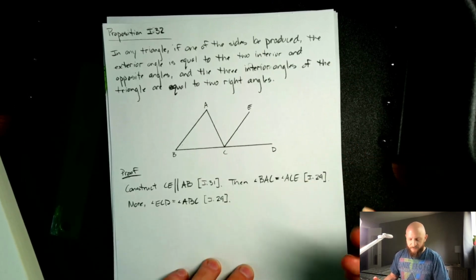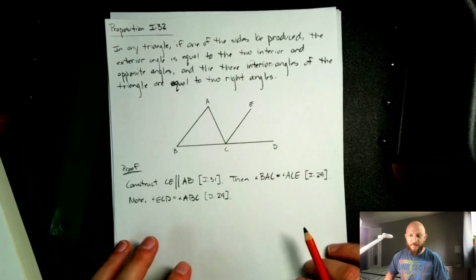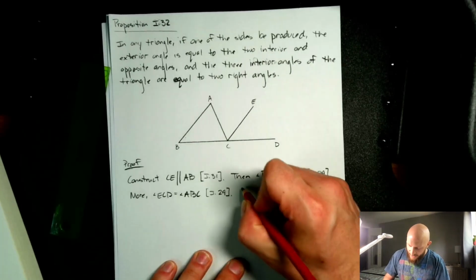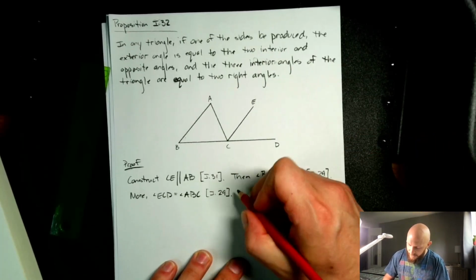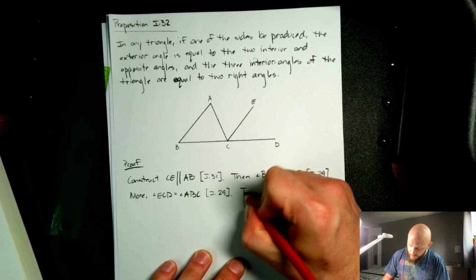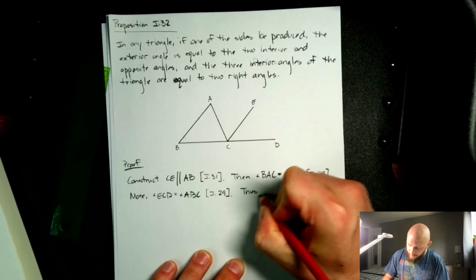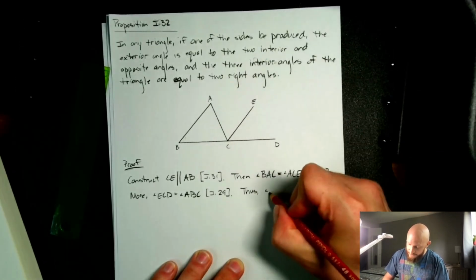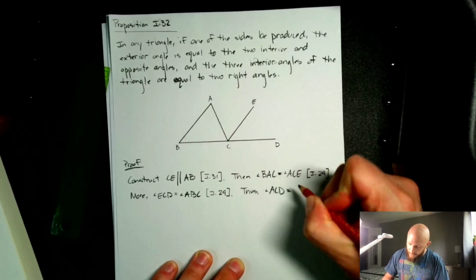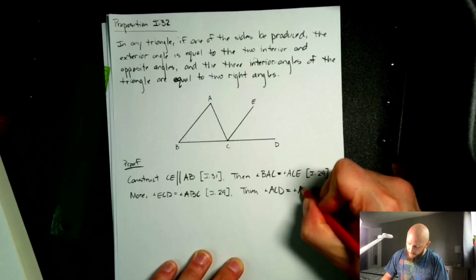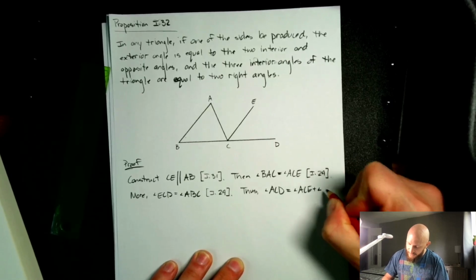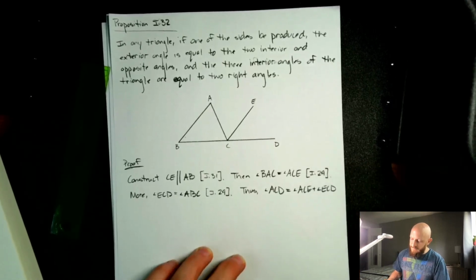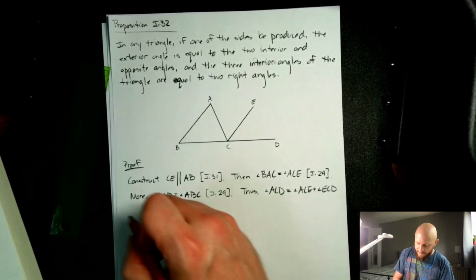So just to write out a few more details of that, we have, everybody's favorite math word, thus, angle ACD is equal to angle ACE plus angle ECD, and this is kind of messy.